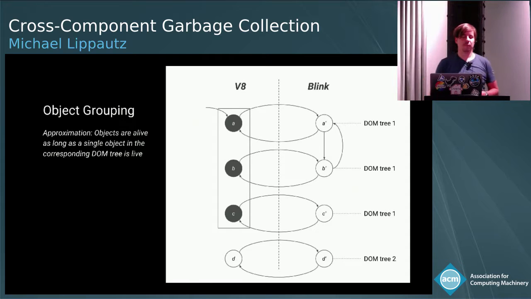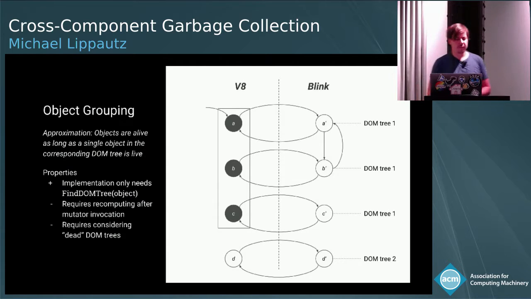I said the DOM is mostly well connected, but there might also be nodes that are already disconnected, but still know which DOM tree they belong to through weak links or hidden links, which causes weird scenarios where you have this node C that is kept alive because C prime is still part of the same DOM tree, even though it's not connected anymore, which causes memory leaks. The situation for D is actually fine because everything is dead there.